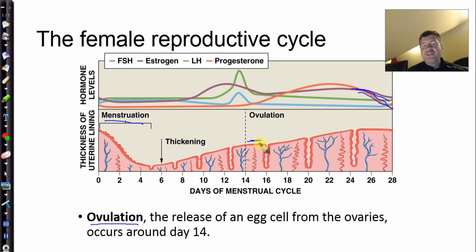If she does have fertilization, then the implantation, if it occurs, is going to occur somewhere day 22, 23, 24. The production of HCG, which stands for human chorionic gonadotropin, prevents the cycle from starting, and that really marks the beginning of her pregnancy.